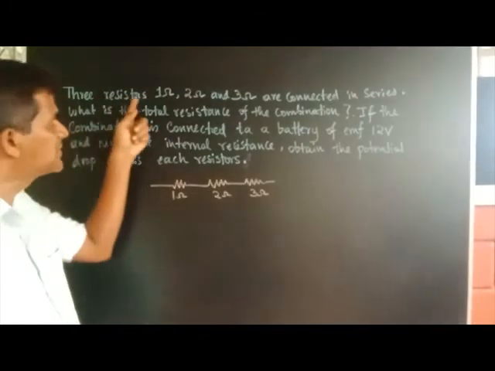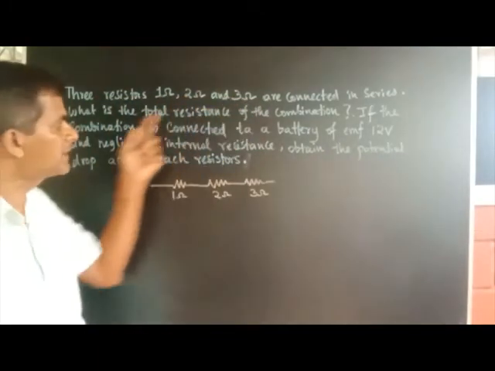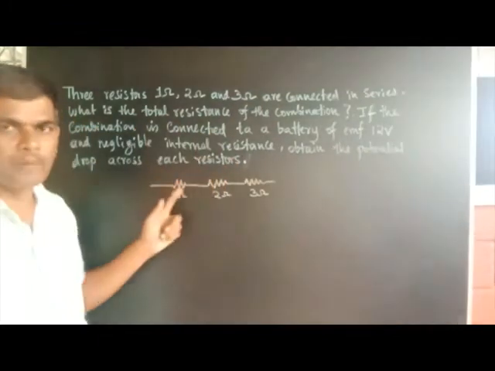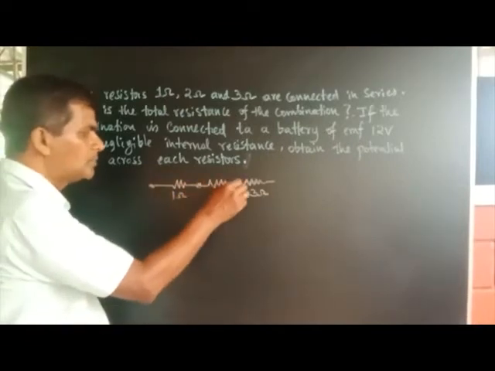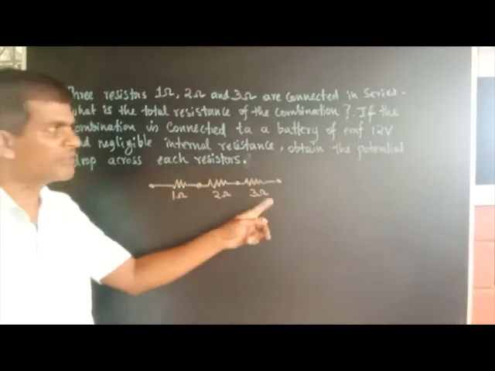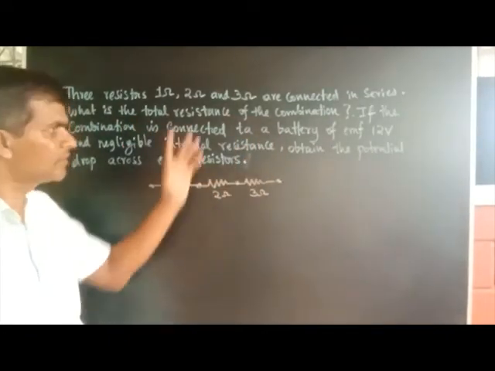Three resistors of 1 ohm, 2 ohm and 3 ohm are connected in series. What is the total resistance of this combination? That is the one part.